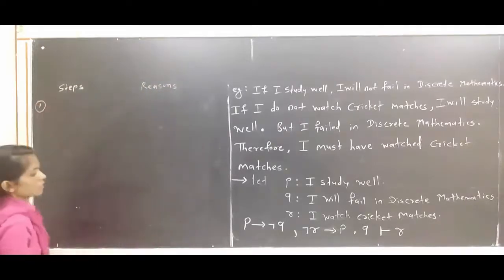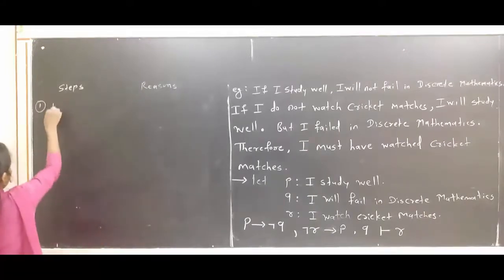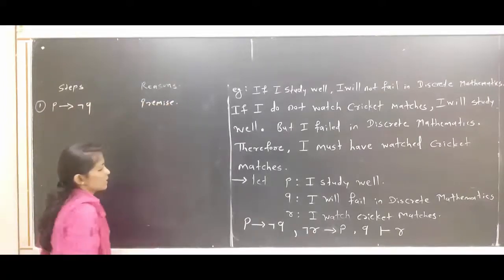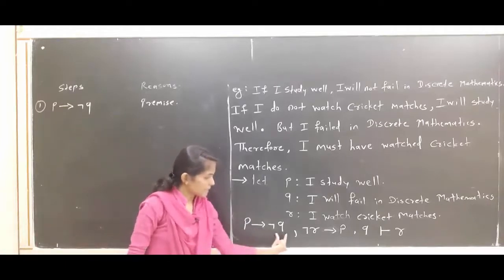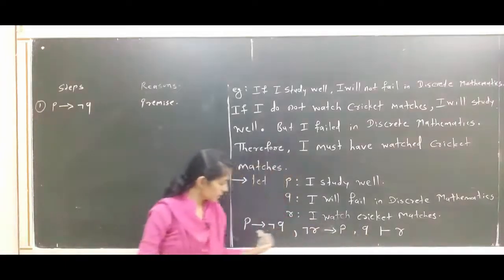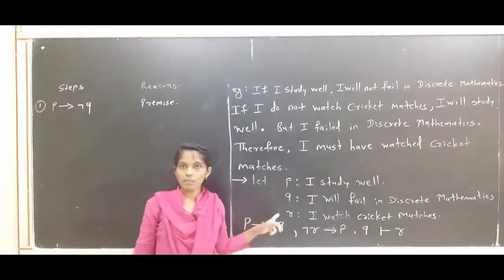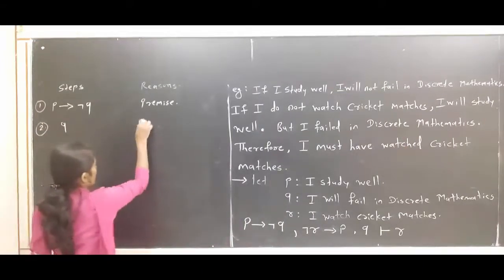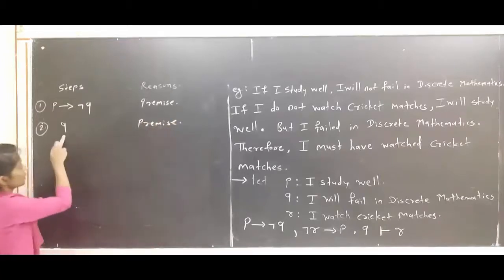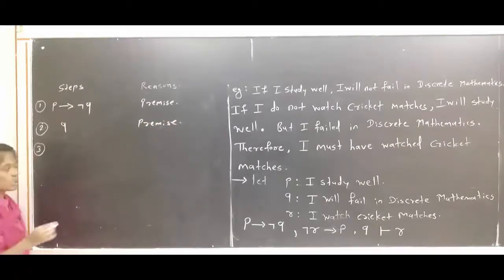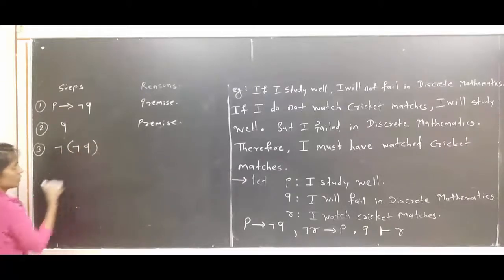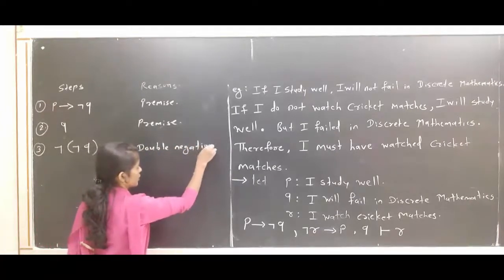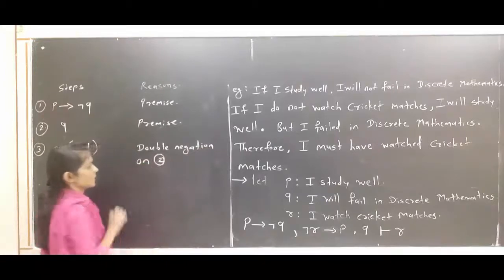First step, we take the first premise, P implies negation Q. Then we consider the second premise, Q. Here we apply the double negation law, negation of negation Q, double negation on second step.